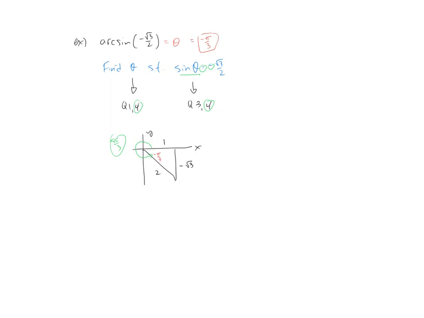In context, this comes from the fact that inverse sine has to be between negative pi over 2 and pi over 2. 5 pi over 3 doesn't work there, but negative pi over 3 does. So we have to make sure the answers we give are truly bounded by the restrictions given earlier in the video.